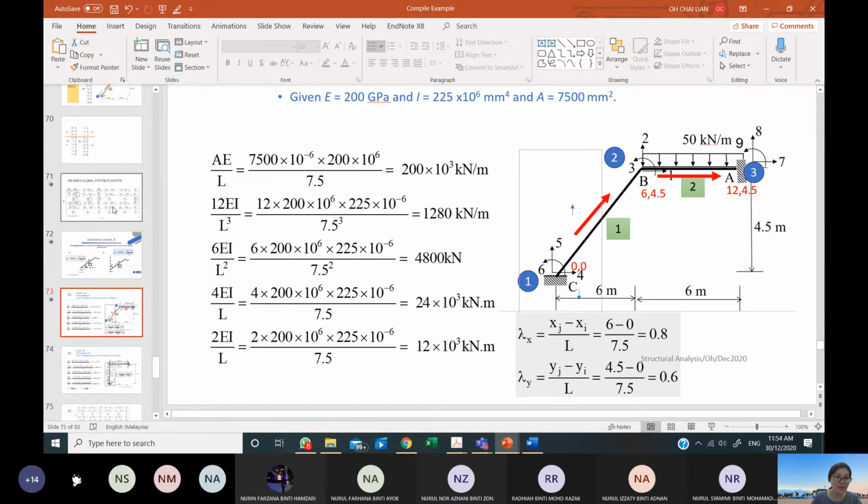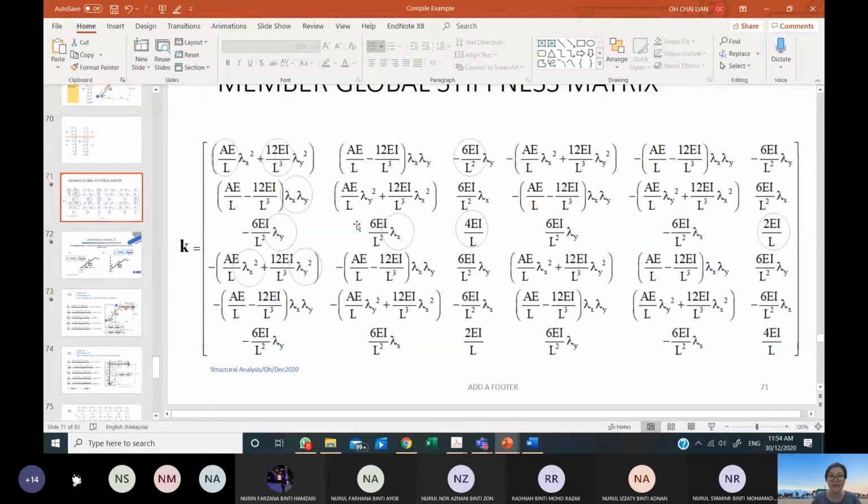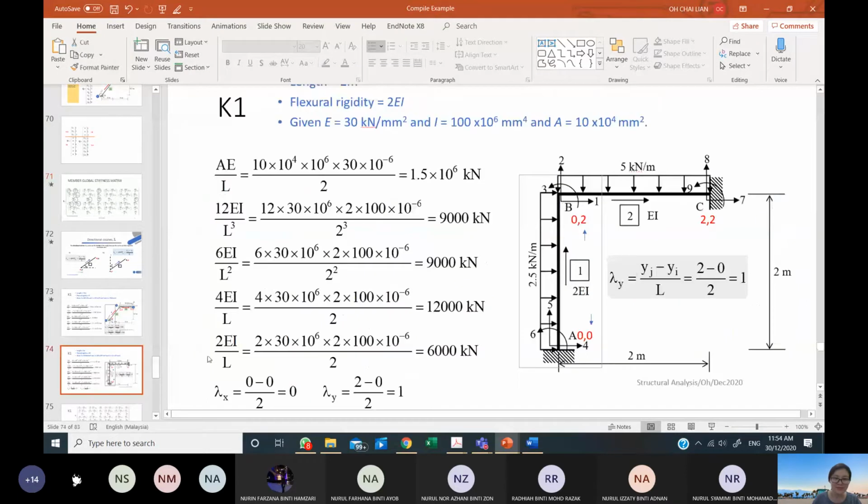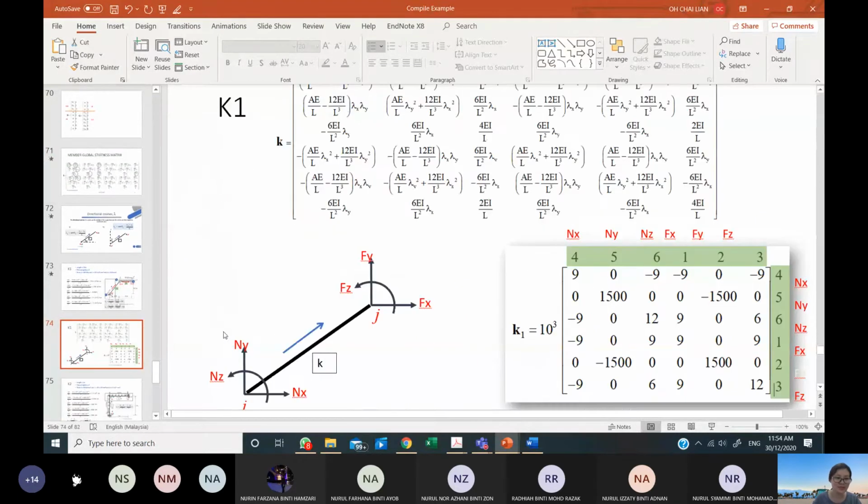So then what you can do here, please get ready with this template. I might not be able to show you all the time. We are going to place it into this template. For example, you get AE over L lambda x squared plus 12 EI over L cubed lambda y squared. We are going to do that one by one.